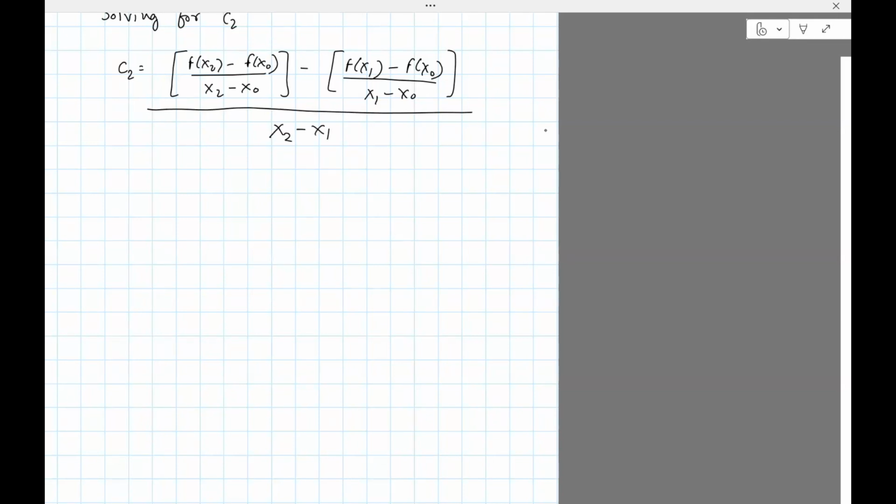I'm going to correct myself. There is an error here in this equation. Got it incorrect here. So it's x2 minus x1, and then this looks right. Okay, and then the bottom one is x2 minus x0. I need to correct this in my notes.